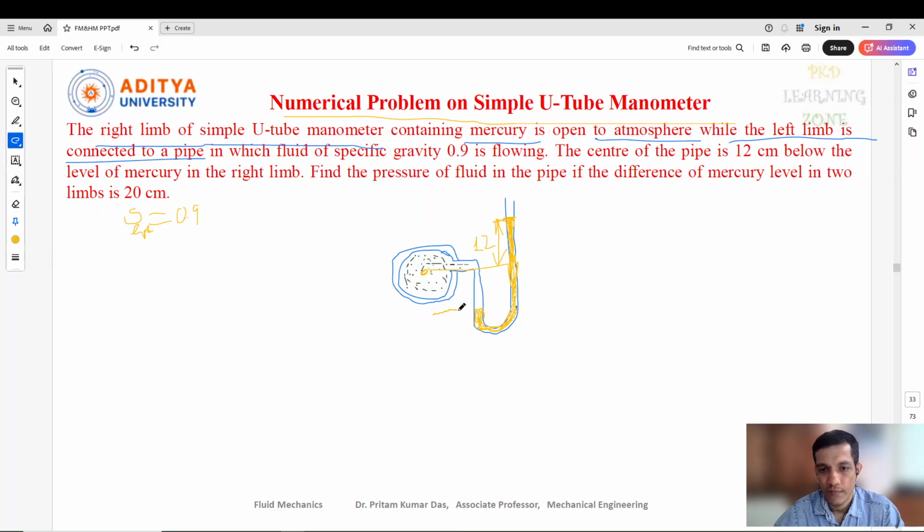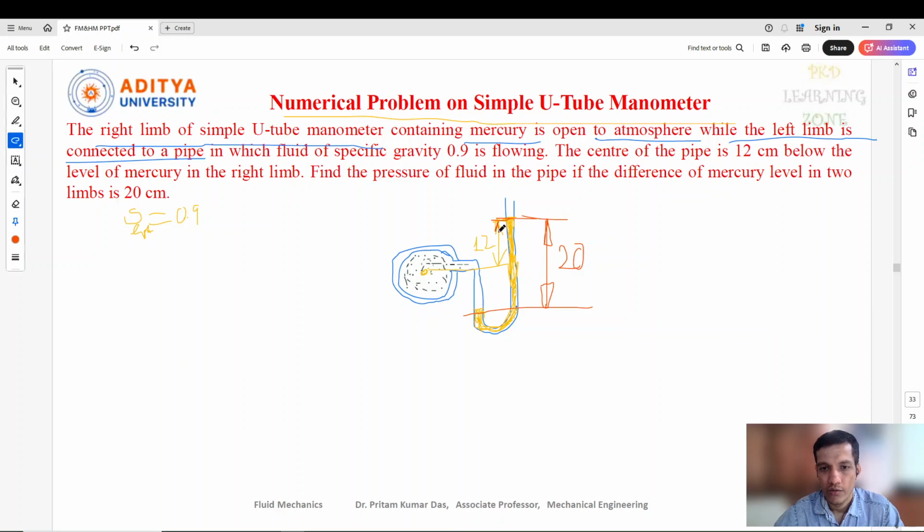Suppose let's draw this line. Suppose this is the line and this is the datum line. So this height is 20 centimeter. That means this is the difference between the right limb and left limb mercury heights, from here to here there is a difference.